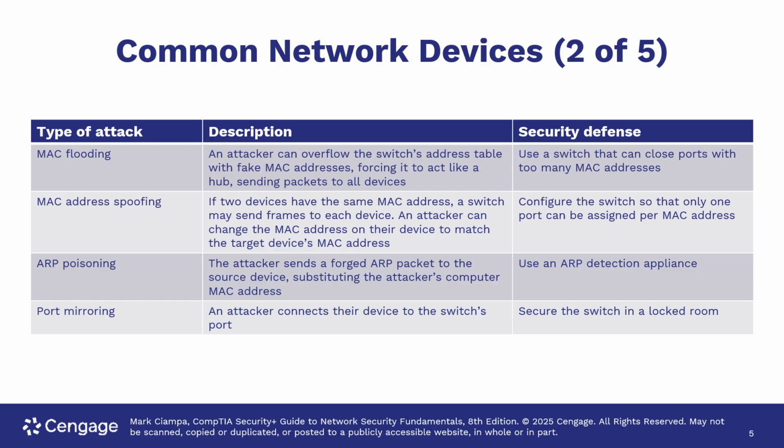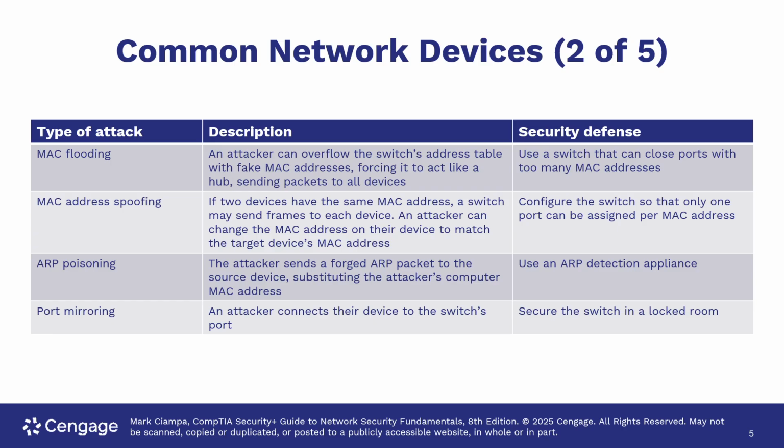Your MAC address spoofing. If two devices have the same MAC address, a switch may send frames to each address. An attacker can then change the MAC address of their device to match the target's device MAC address. So it's like you are in a room and someone says, I have a message for Bob, and there's two Bobs in the room, or Jack, or Fred, or Susan, or Jane.